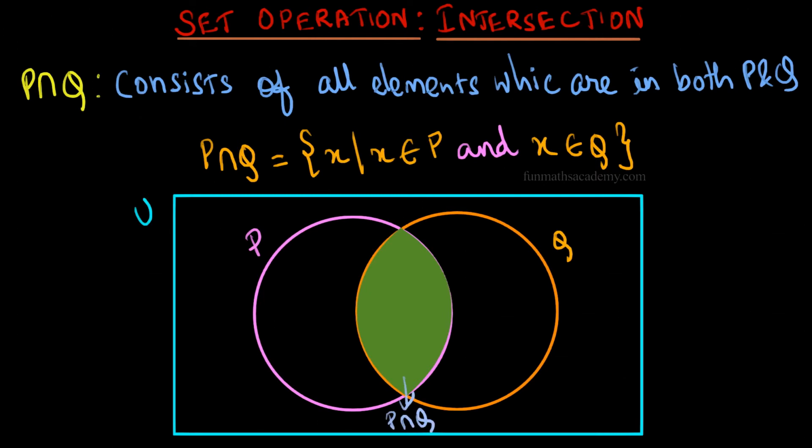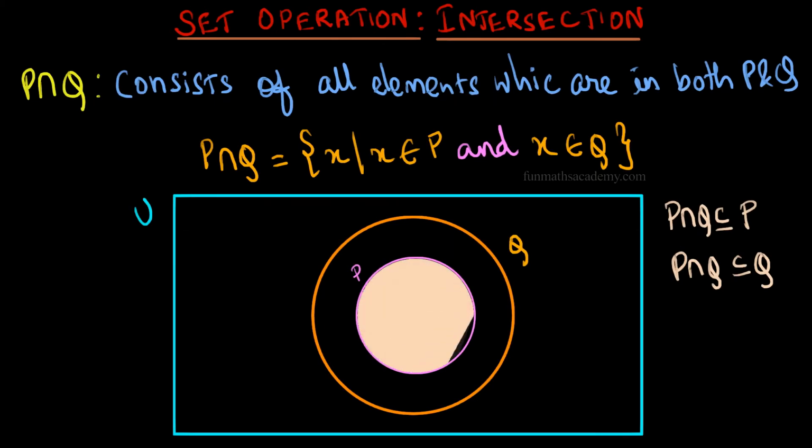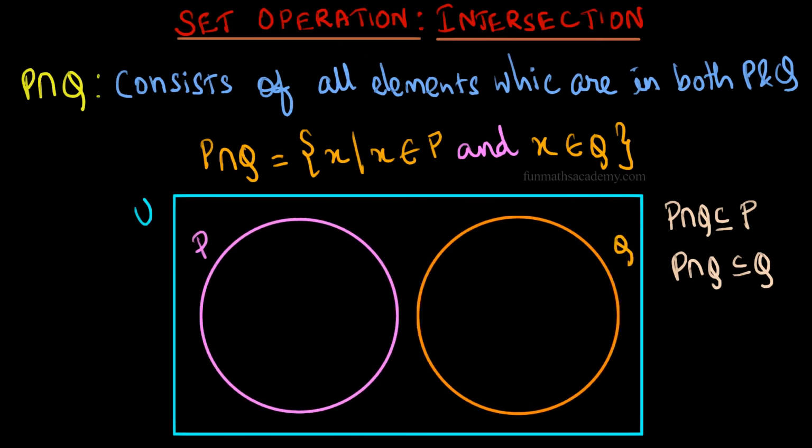In this diagram, you can see that P intersection Q is a subset of both P and Q. Suppose that P is a subset of Q, then can you guess what P intersection Q will be? Yes, the common region of P and Q, that is, set P, will be P intersection Q. Now what if P and Q were disjoint sets?